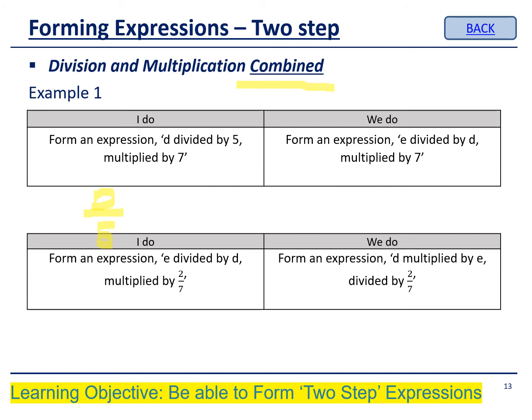Instead of putting a multiplication and a 7 here like this, I put the 7 into coefficient position, and that is now telling us that 7 is multiplying d, okay, the unknown, and it's also then divided by 5, and that would be our two-step expression for this question. Have a go at the we do, please.